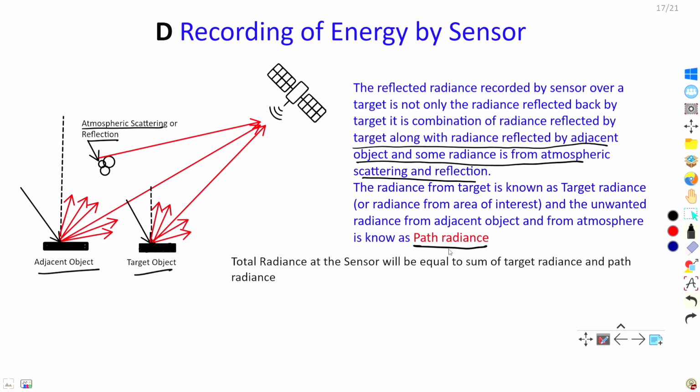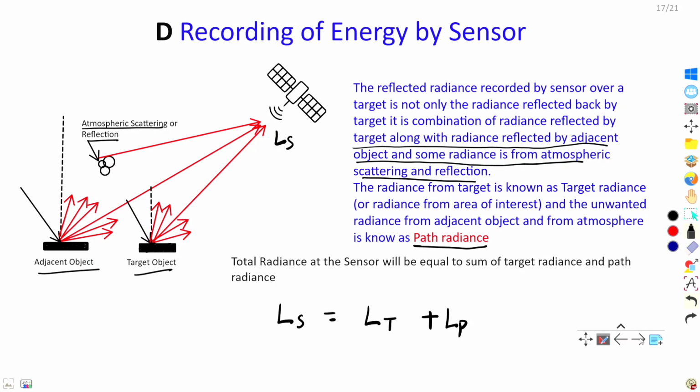So the total radiance recorded by the sensor, let's assume it LS, will be the combination of target radiance LT plus LP, the path radiance. So this is for recording of energy by the sensor.